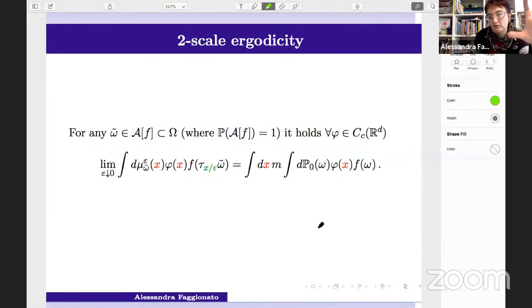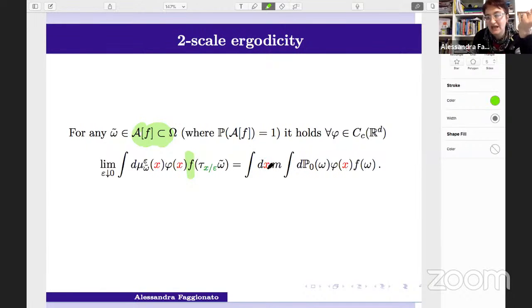So the formula I gave you before is this one. I say that for any omega tilde in this good subset of environments, which has probability 1, and this set depends on f, for each test function phi, continuous with compact support in R^d, we have the following: the limit when epsilon goes to 0 of this integral with respect to the fixed environment omega tilde is this average.